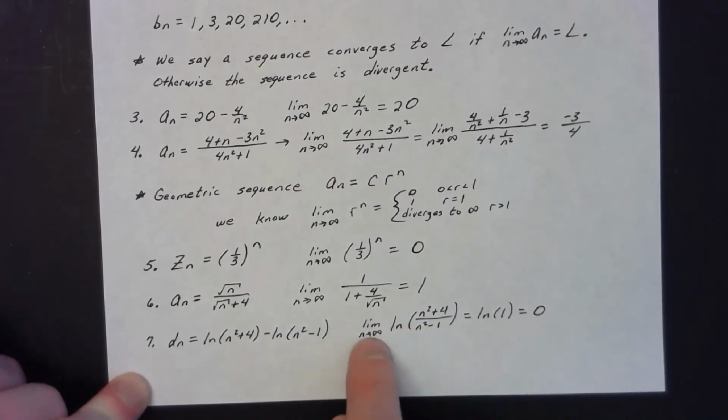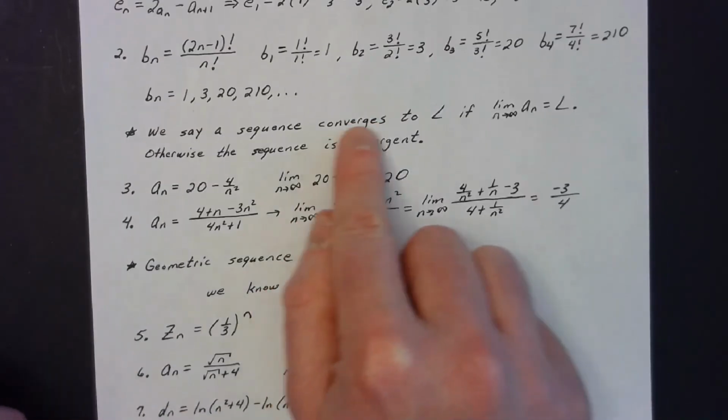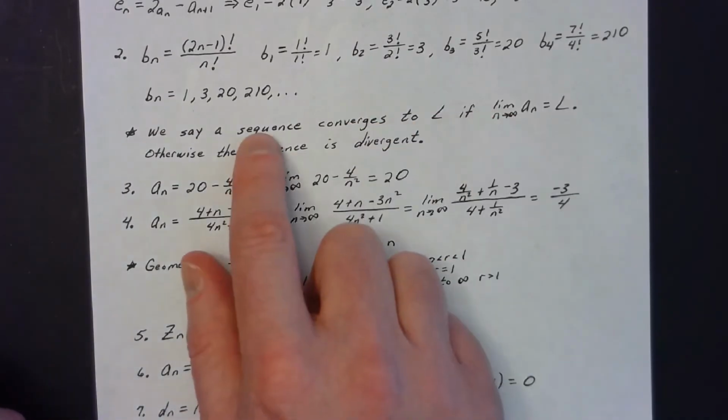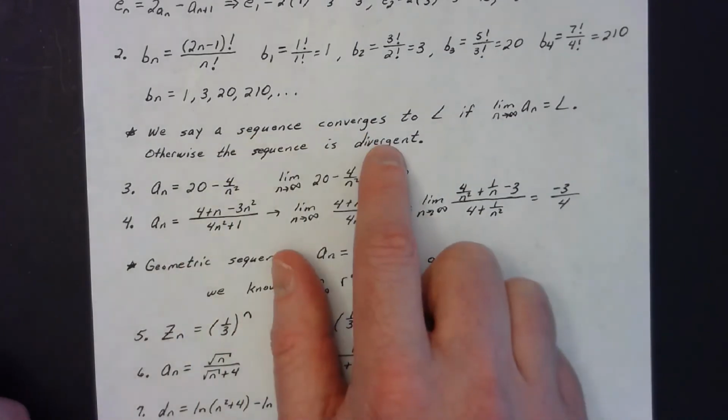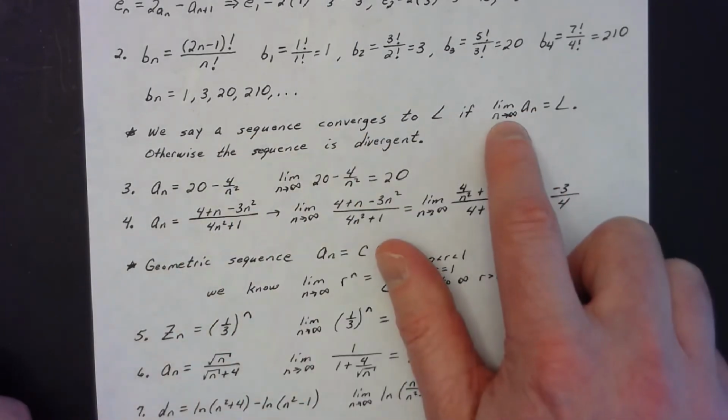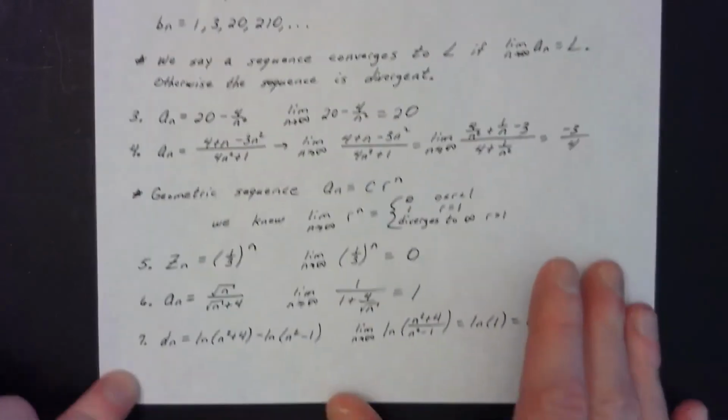Now, why do I put them inside of a limit as n approaches infinity? Because that's the whole purpose of this test. In order to determine if a sequence converges or if it diverges, you need to determine the limit as n approaches infinity. So that's what I did here.